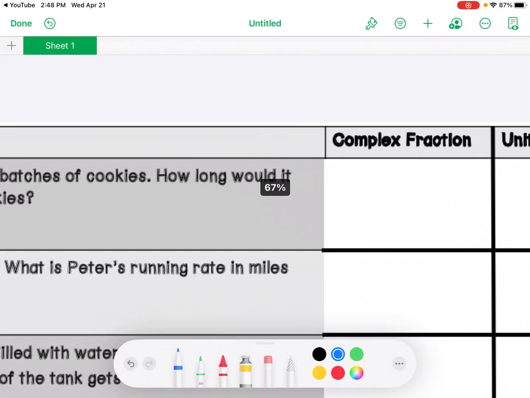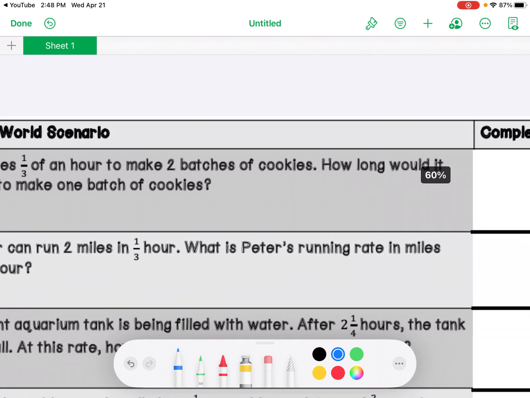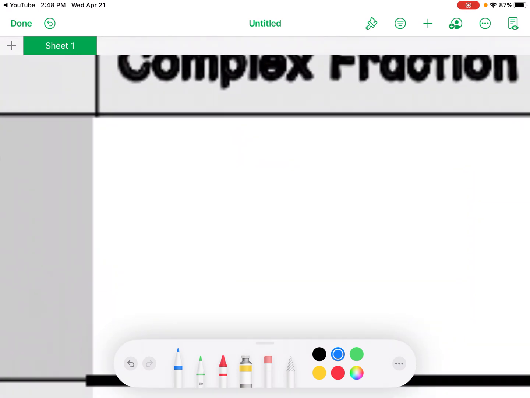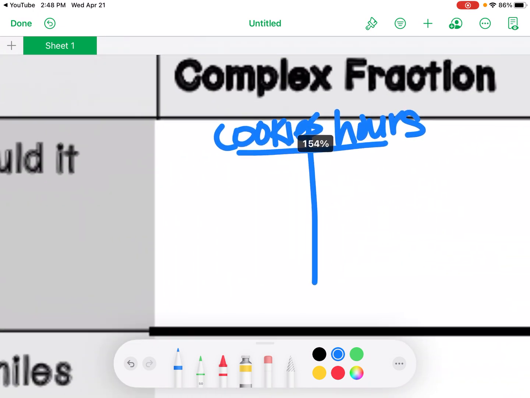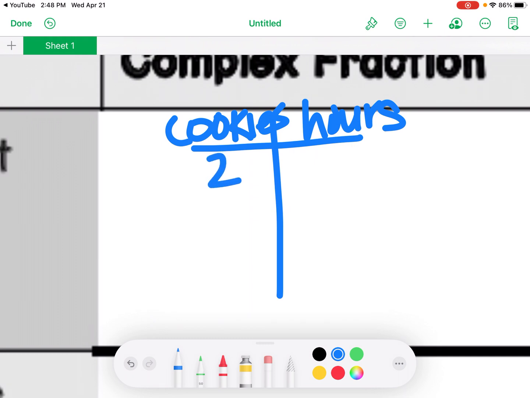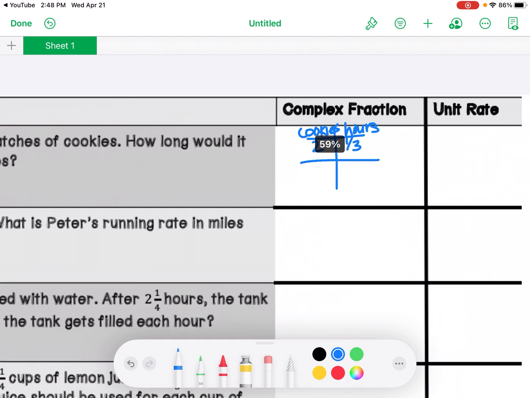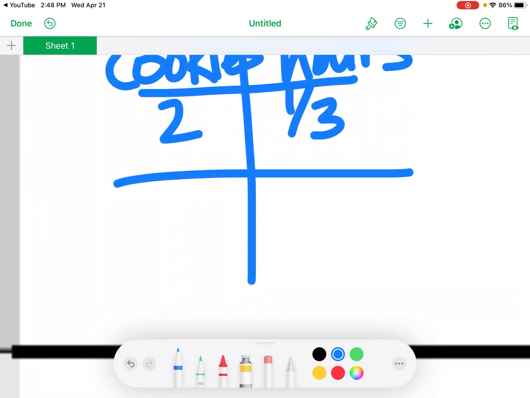There we go. Okay, so I'm comparing cookies to hours. So I can make 2 batches of cookies in 1/3 of an hour. And they're asking me how long would it take to make 1 batch of cookies.